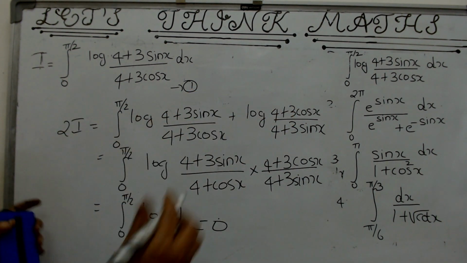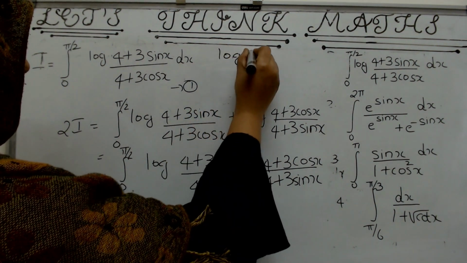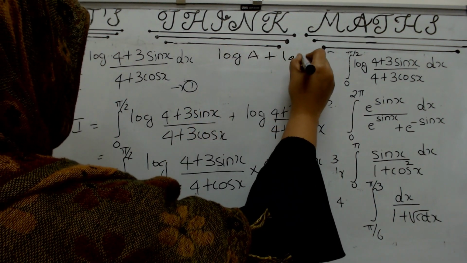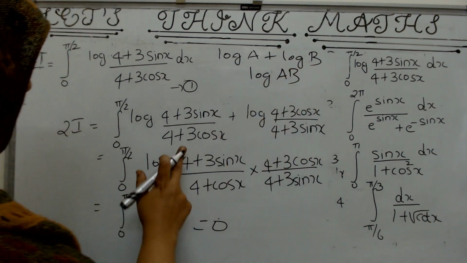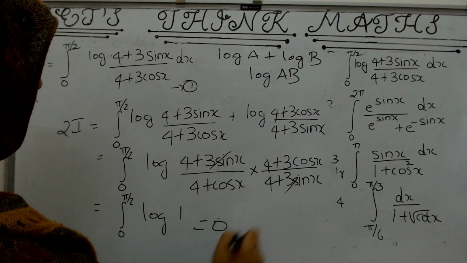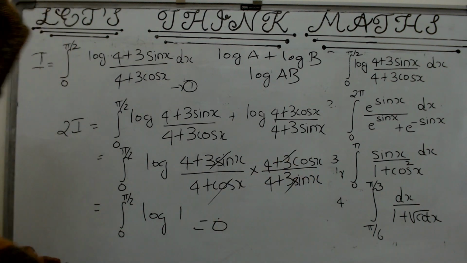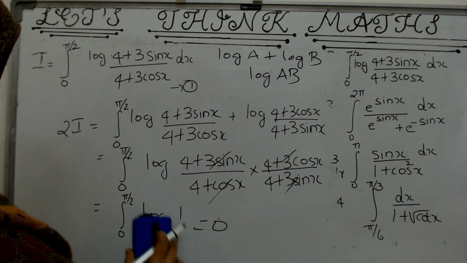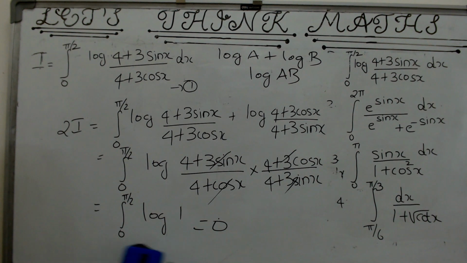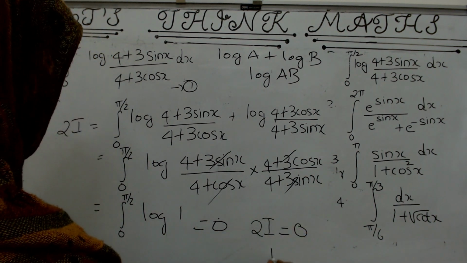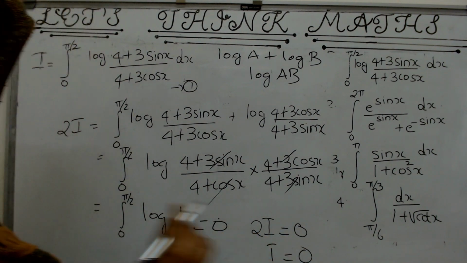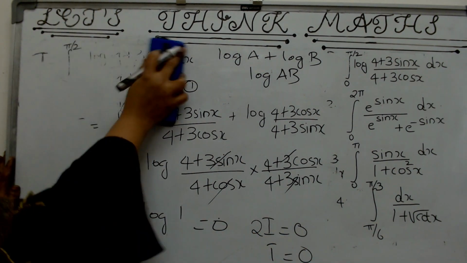It is log a into b. Then the denominator, this and this gets cancelled. So what you get is actually log 1, which is 0. So if 2I is equal to 0, then I is also equal to 0. So that is your first answer.